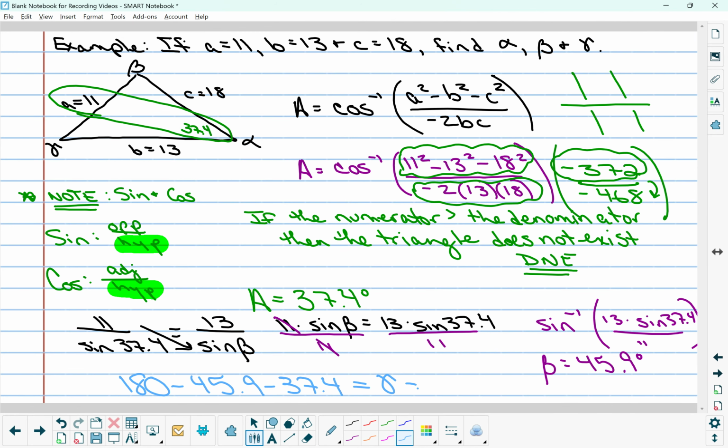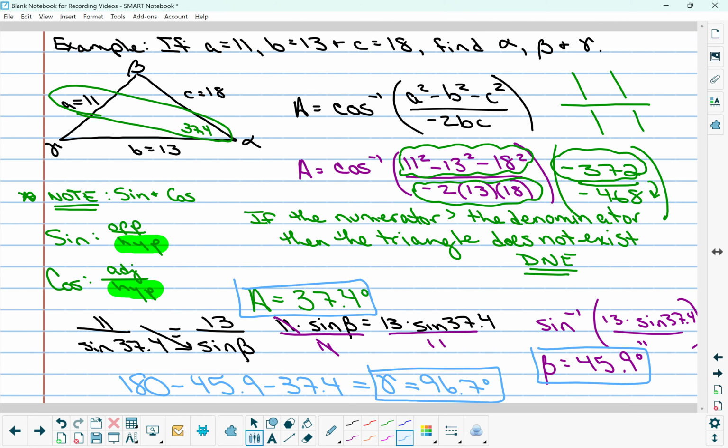I'll let you figure that out. No, I have it on my paper, 96.7. 96.7 degrees. So I have that. I have this. I have this. And we already knew the other ones. Okay? So that's how you're going to utilize that if you find that you only have three sides.